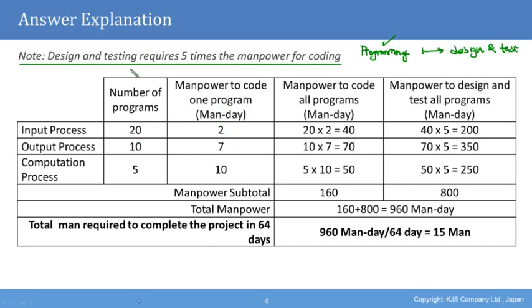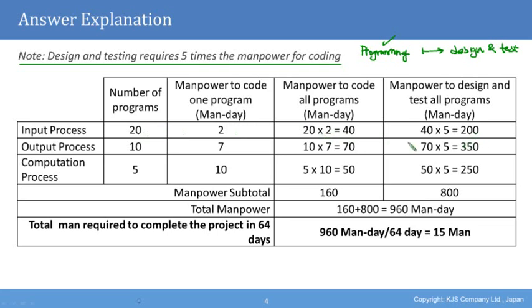Well, the design and testing takes 5 times the manpower of coding, so to design and test an input process, we have to do 2 times 5. It takes 5 times the manpower that it takes for programming, which is 2 times 5 is 10. And then if we do 10 times 20, you will find that you get 200.